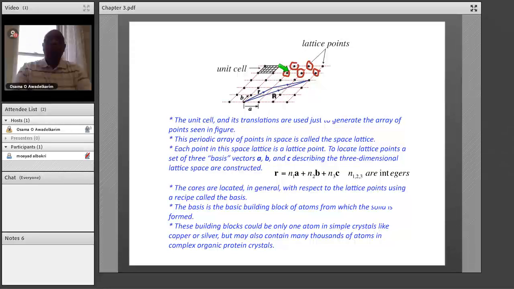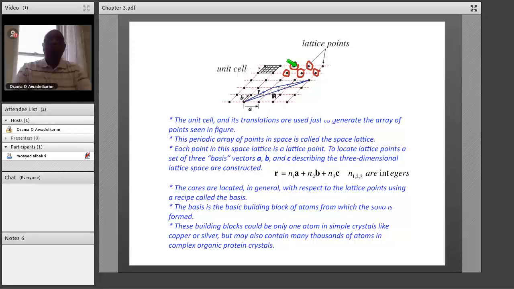Now, what distinguishes one solid from another solid? We're talking about single crystal solids, that is, we have a lattice and periodicity and cores in each lattice point. What distinguishes one solid from another is the fact that the core atoms are different: copper, aluminum, or gallium arsenide, or gallium phosphide, or even a polymeric molecule.